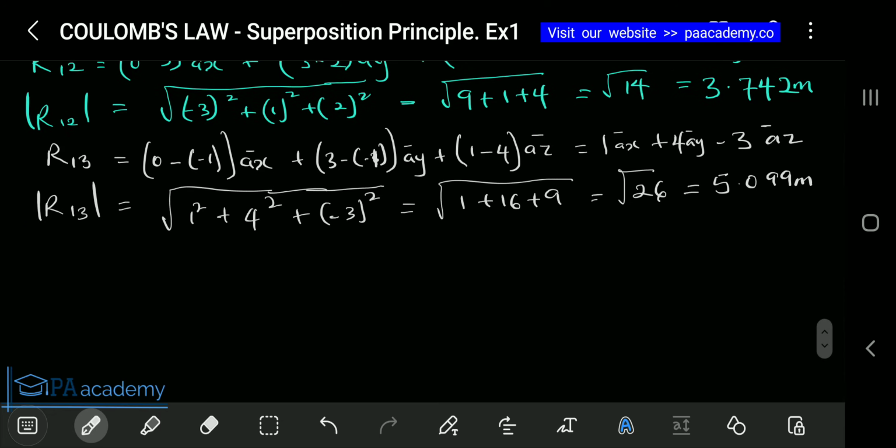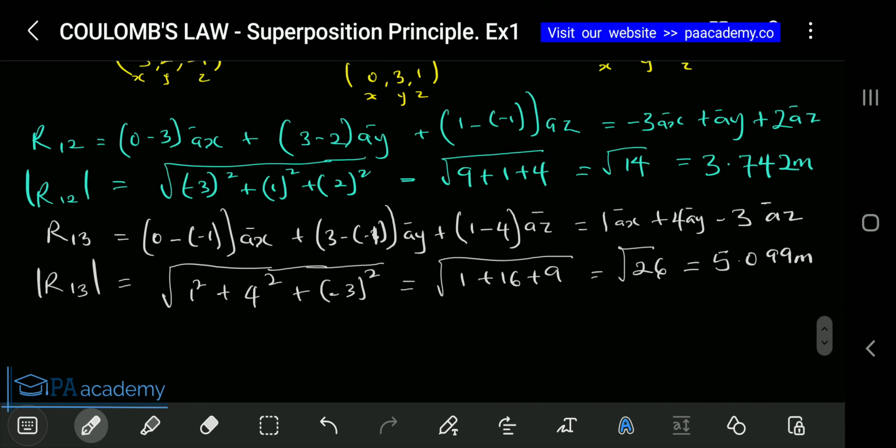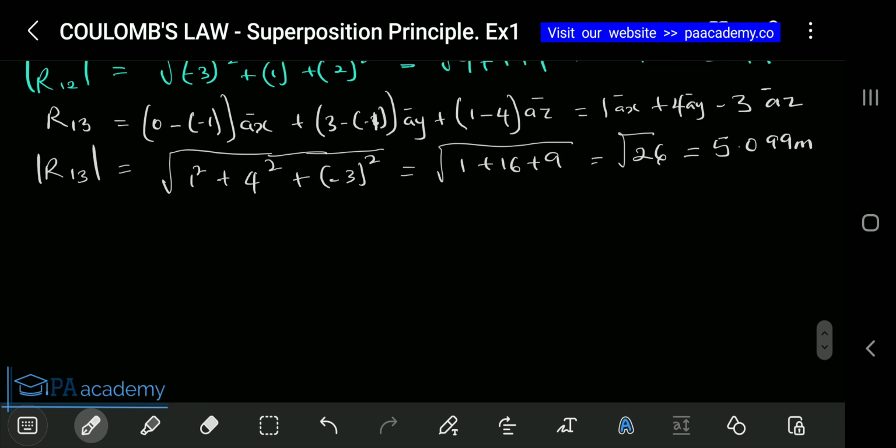All right, so now that we've gotten the unit vectors and the magnitudes, let's bring out the formula that you have to use.